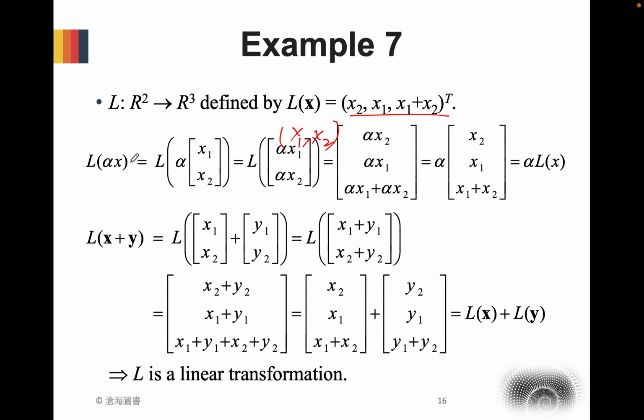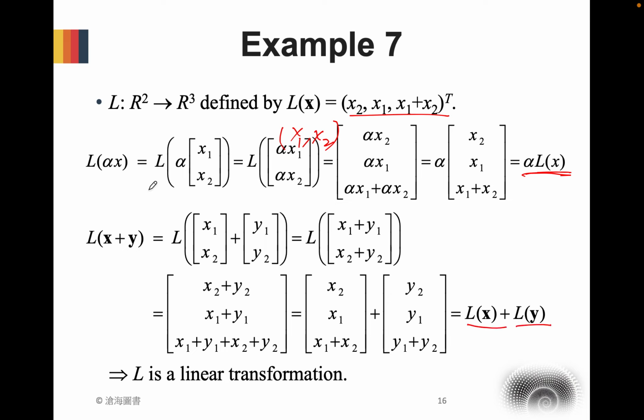So L of alpha x, the input would be alpha x1, alpha x2, and the result would be alpha x2, alpha x1, alpha x1 plus alpha x2. We take the alpha out, and it becomes alpha times Lx. If we input x plus y, then the result would be x2 plus y2, x1 plus y1, x1 plus y1 plus x2 plus y2, and we do some rearrangement, and then we get Lx plus Ly.